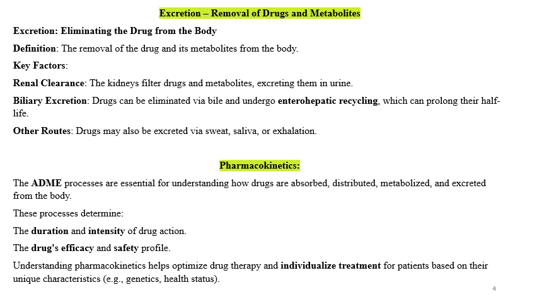Other routes like sweat, saliva, or exhalation are also there for the drug elimination. One interesting thing to understand here is when the drug is excreted through saliva, after administration of the drug, sometimes the patient may feel a bitter taste because the drug gets excreted in the saliva.